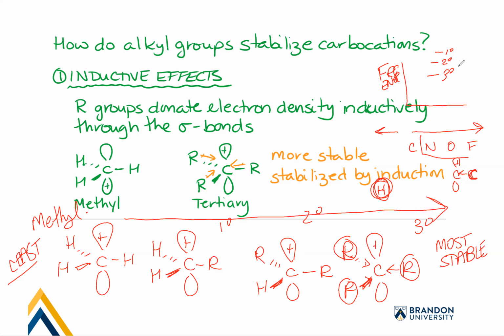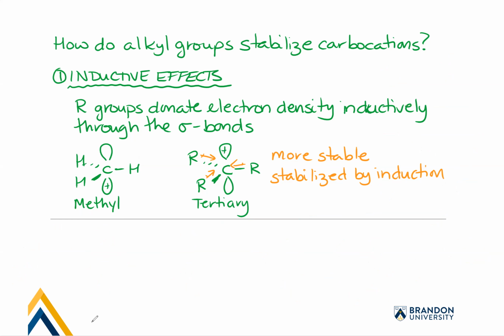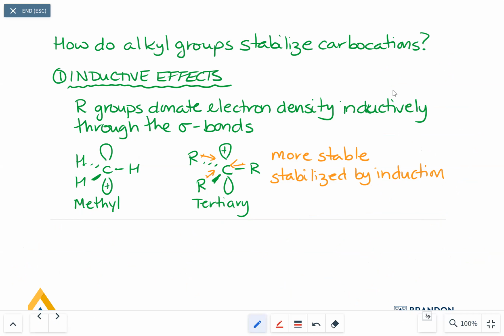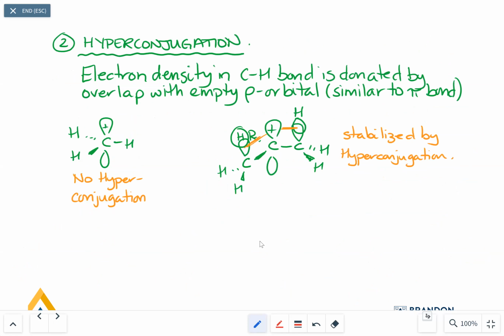Okay, let me clear this stuff out, and let's go to the second reason why more R groups are going to stabilize a carbocation. The second factor is what we call hyperconjugation, and hyperconjugation is very similar to a pi bond, in all honesty.